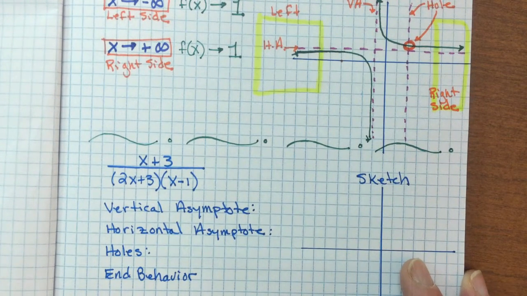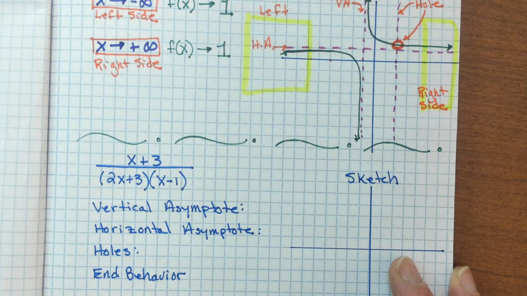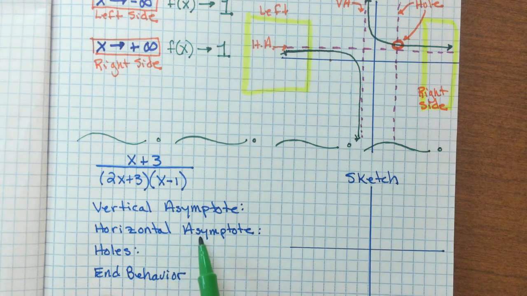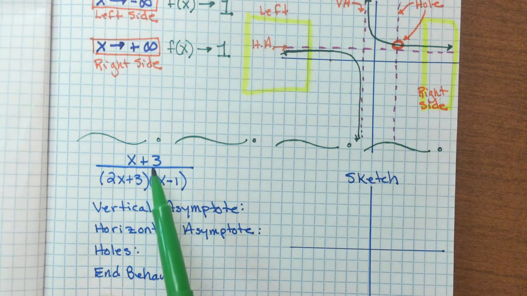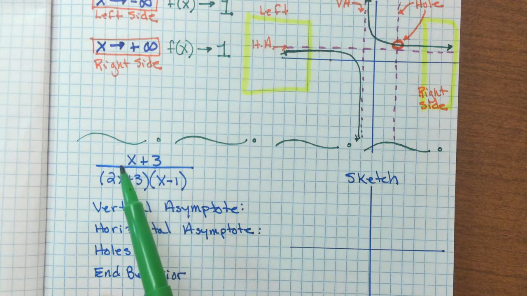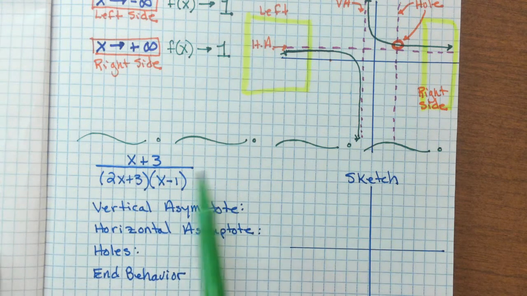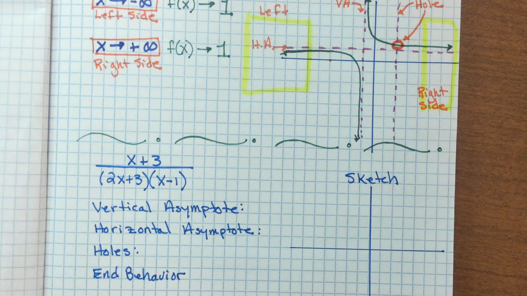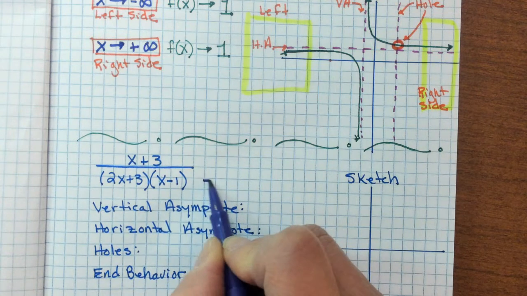So this particular function, we can again just put this directly into our calculator. What I want you to notice is that when we talk about horizontal asymptote, we have to be careful, okay? But let's look at vertical asymptote first. So vertical asymptote, we're just going to look at our denominator.